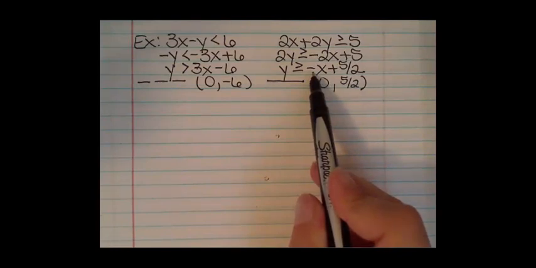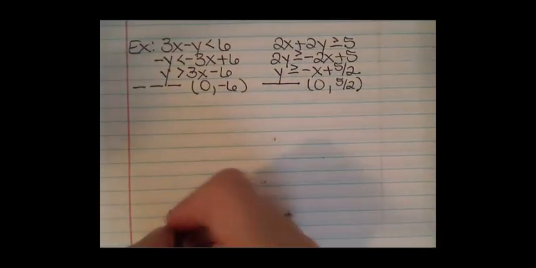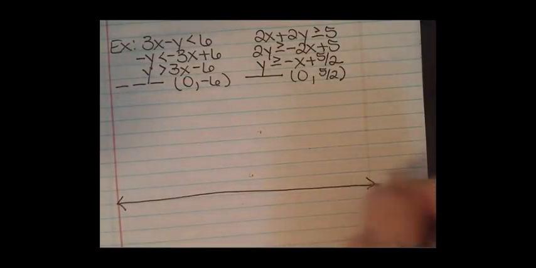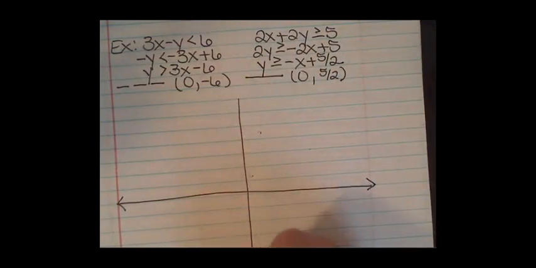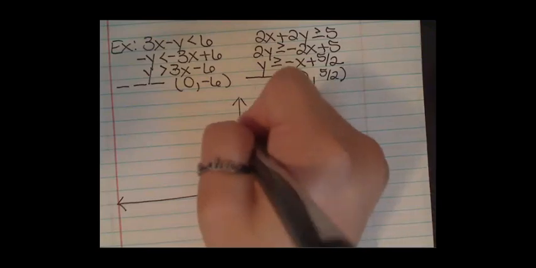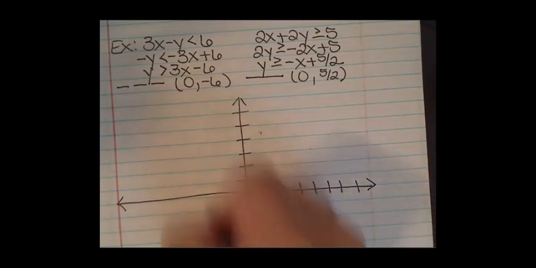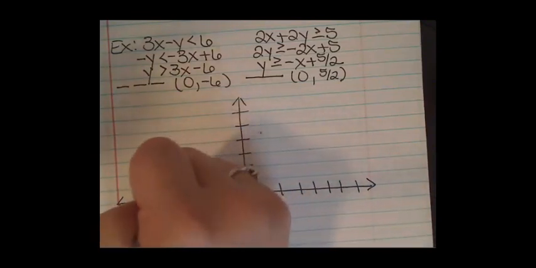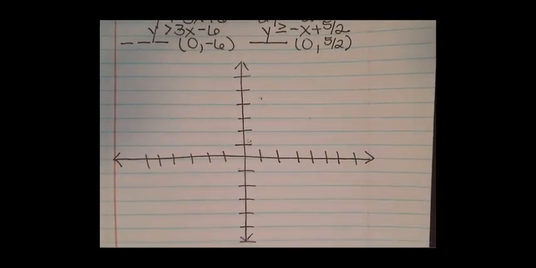So let me get our graph done up. Okay, so there's our Cartesian coordinate system. And if we're dealing with the one on the left, we know our y-intercept is 0, negative 6, which will be right there.